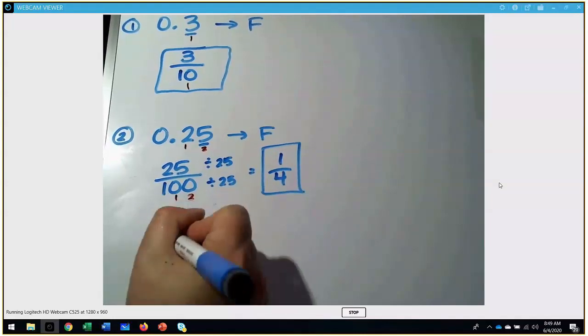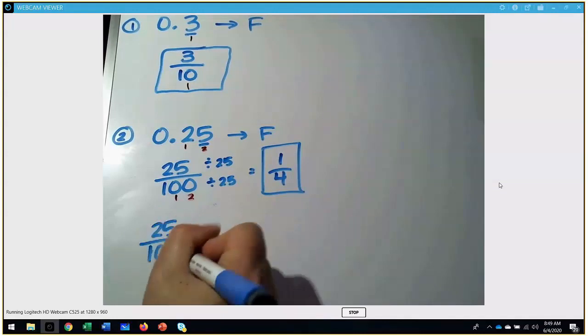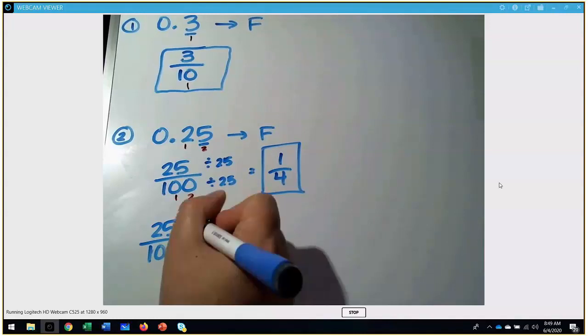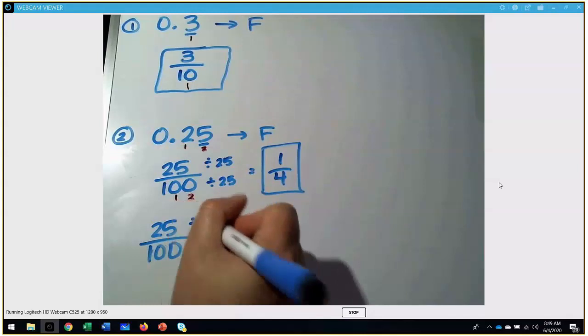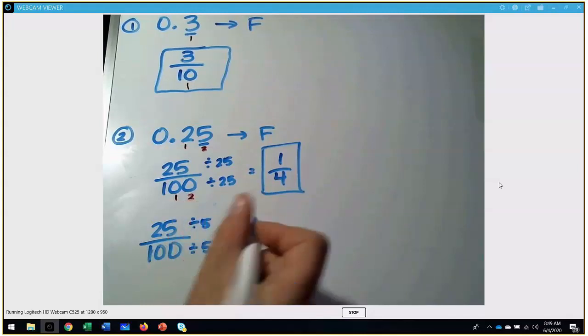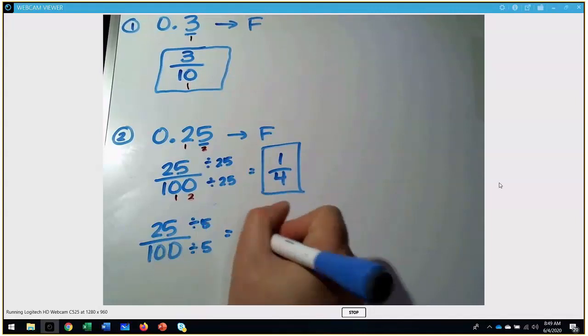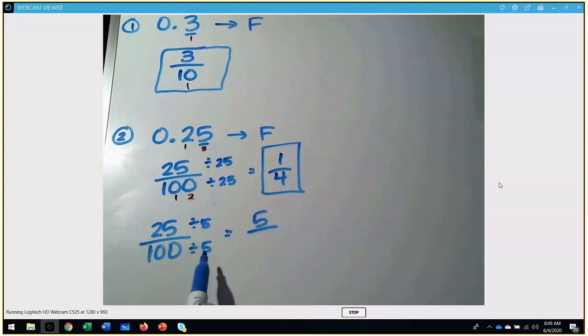Now, backing up just real quick. If you didn't happen to catch that 25 divides both of these, maybe you were thinking 5. You can still go with it. 25 divided by 5 is 5. 100 divided by 5 is 20.